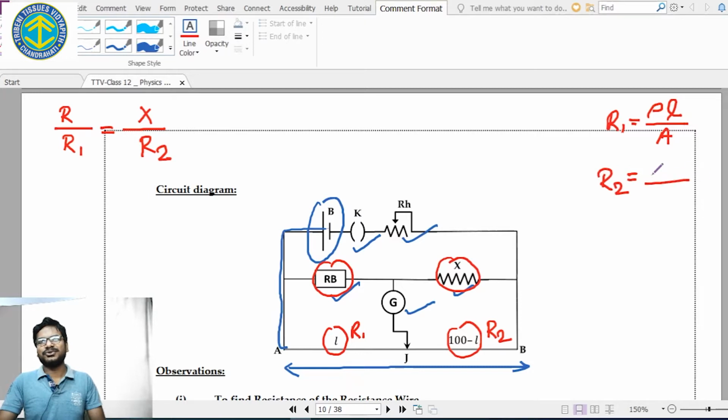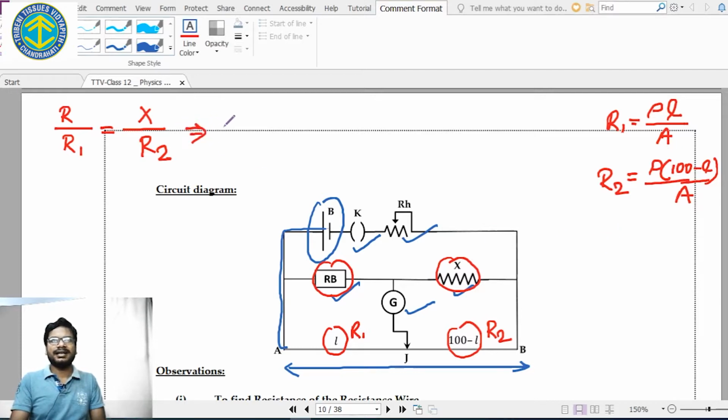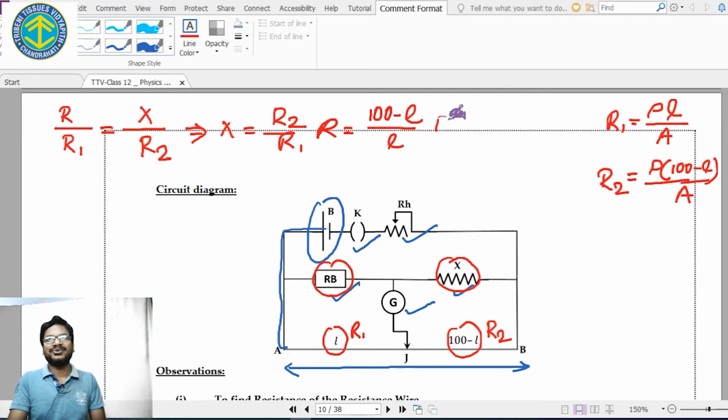R2 equals rho into 100 minus L by A. So we have to find out R2 by R1. We can write X equals R2 by R1 into R. Now what is R2 by R1? R2 by R1 will become 100 minus L by L, into R.